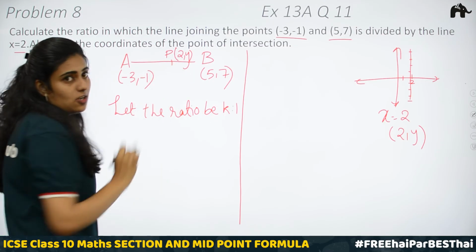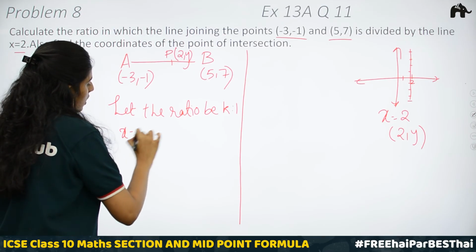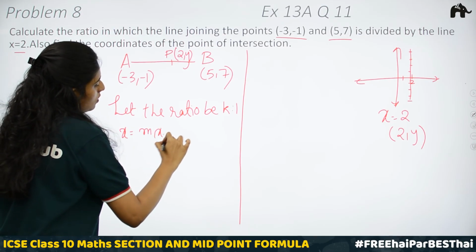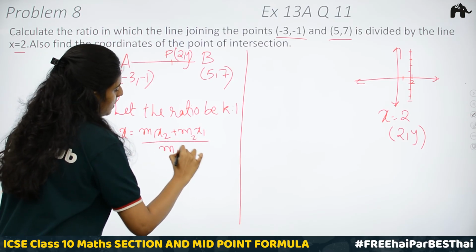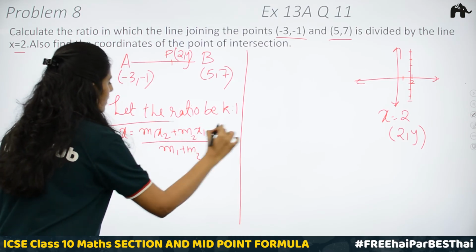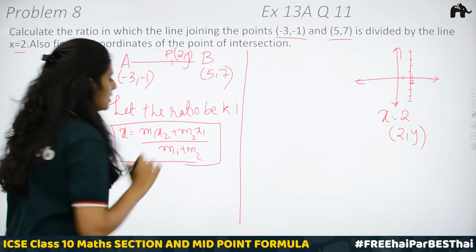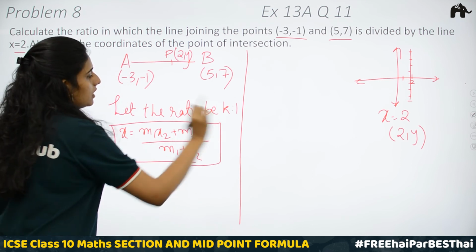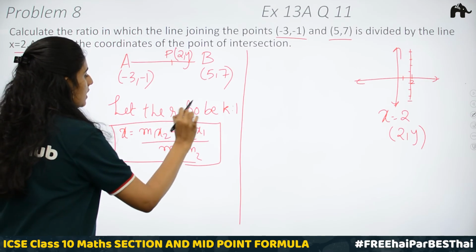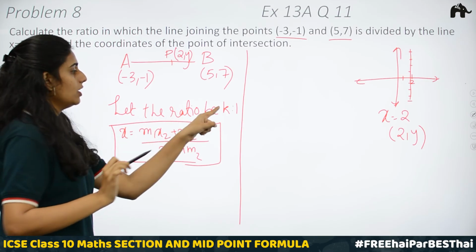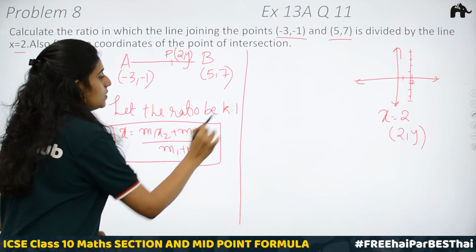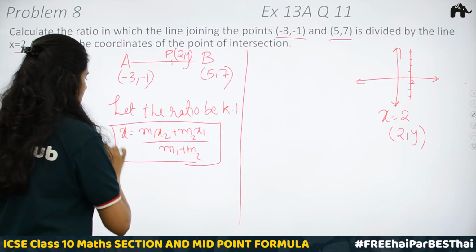The x coordinate is known. Therefore, x is equal to m1 x2 plus m2 x1 divided by m1 plus m2. This formula will help us find the value of k. Put m1 is equal to k and m2 is equal to 1 in this case.